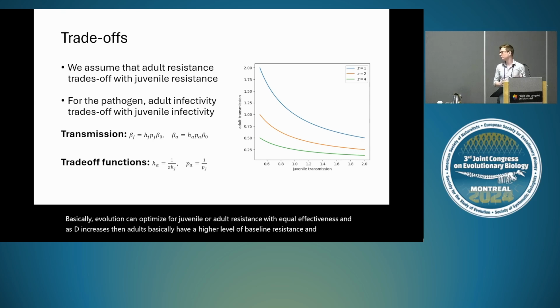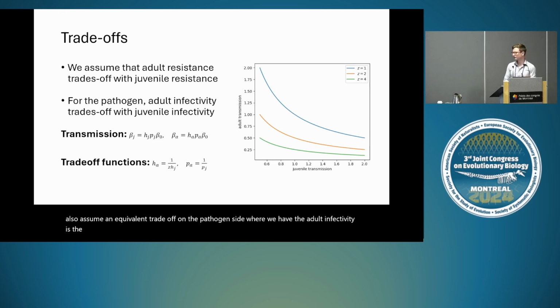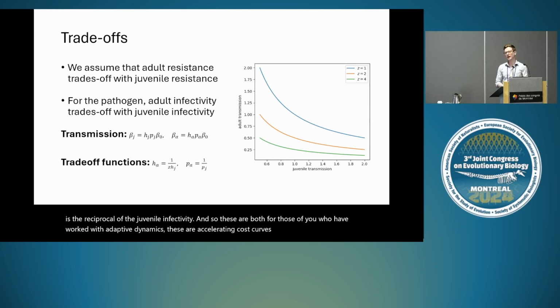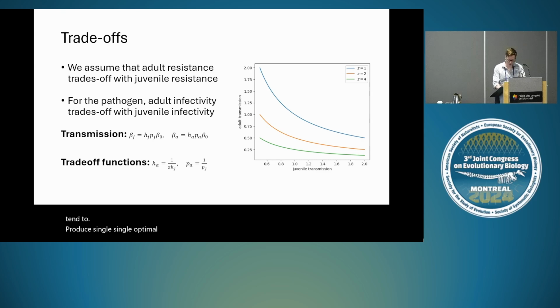Then we also assume an equivalent trade-off on the pathogen side, where the adult infectivity is the reciprocal of the juvenile infectivity. For those of you who've worked with adaptive dynamics, these are both accelerating cost curves, which tend to produce single optimal strategies instead of branching.